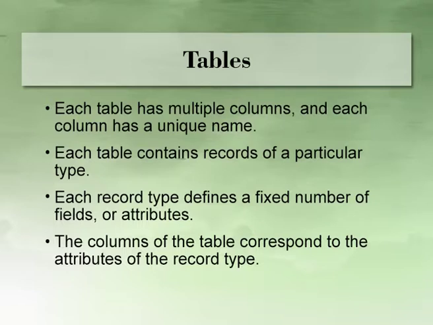In the earlier example, for the student table, we had identified student ID, student name, course registered for, address 1, address 2, and then pin code and state. Each column is called a field and has a unique name. Each table consists of records of a particular type.